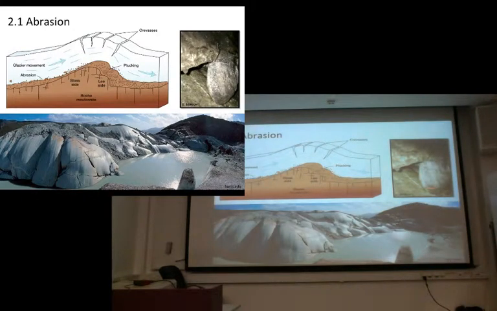This is one example from the laboratory. What you have here is a rock, and there is the ice above the rock. As the ice was moving, this rock was leaving these white marks. This is abrasion: this rock grooving, slowly eroding the bedrock.